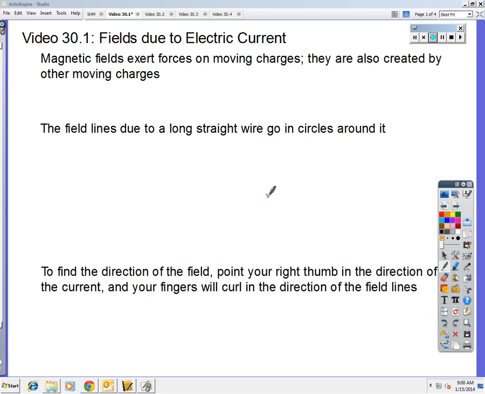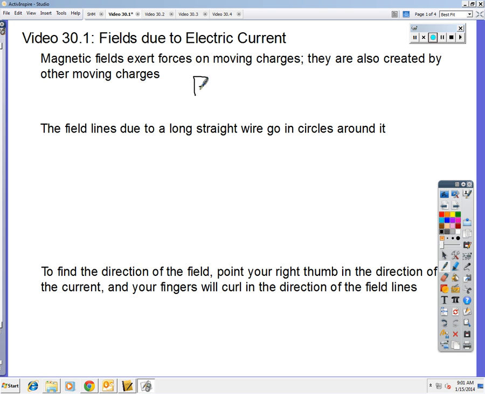Hey, this is video 30.1, and for the next several videos, chapter 30, we'll be looking at where magnetic fields come from. The last three videos, chapter 29, we looked at what effects magnetic fields have on charged particles, and we found that magnetic fields exert forces on moving charges.